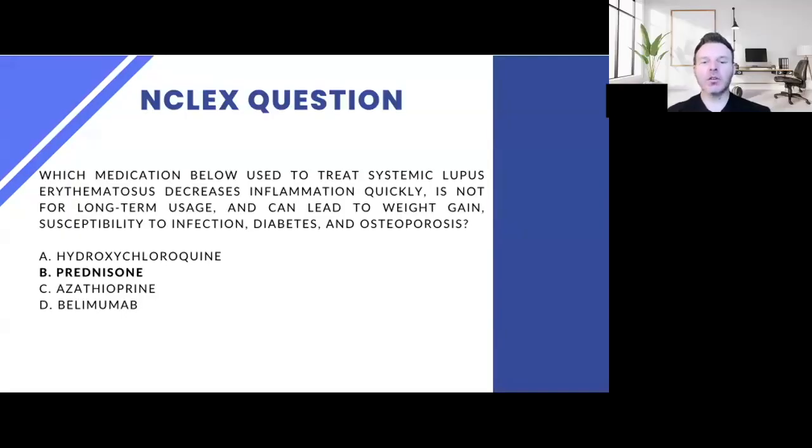Prednisone is a steroid that is given short-term, and some of those side effects it can lead to are weight gain. It's going to lower the immune system, and it can affect osteoporosis as well. A, that medication they can actually take throughout their lives. It's something they'd be taking daily.